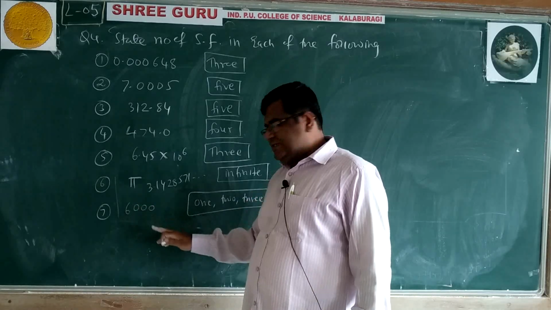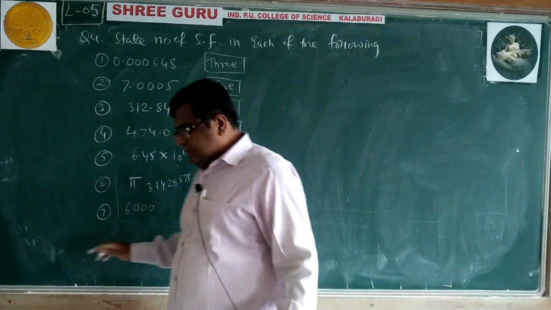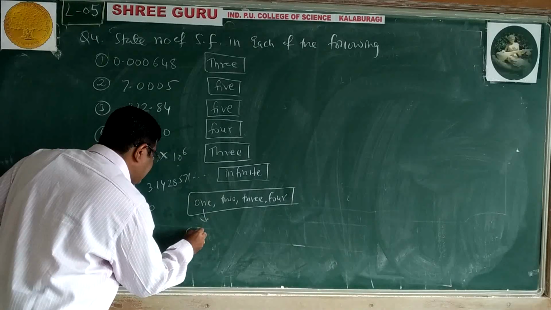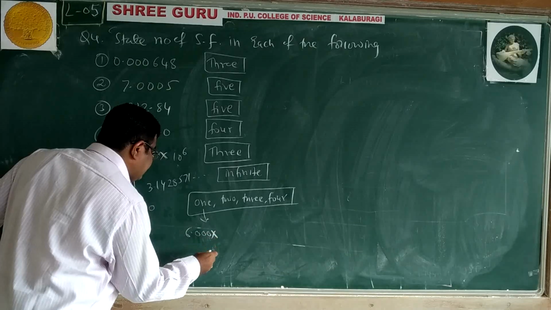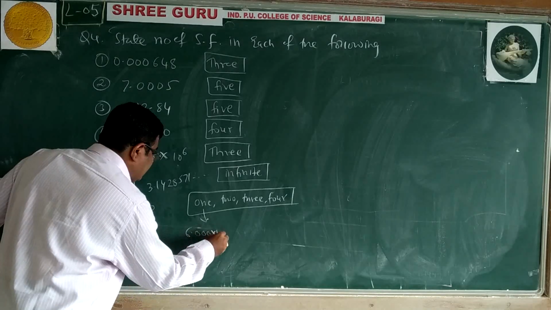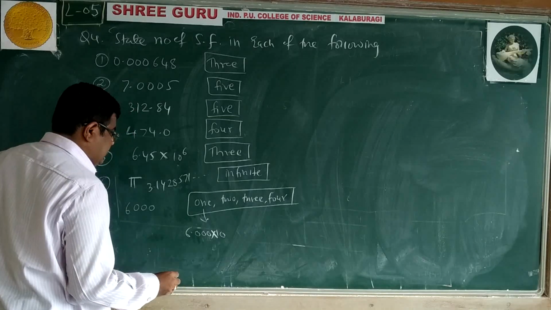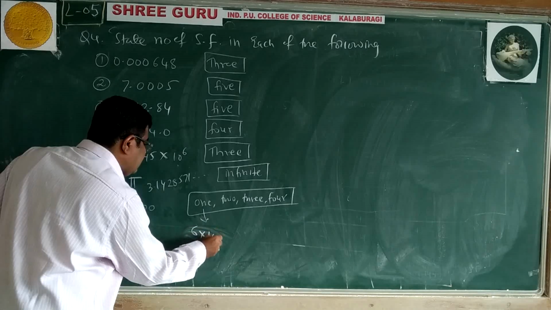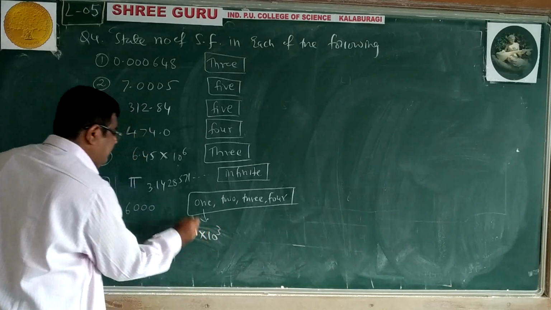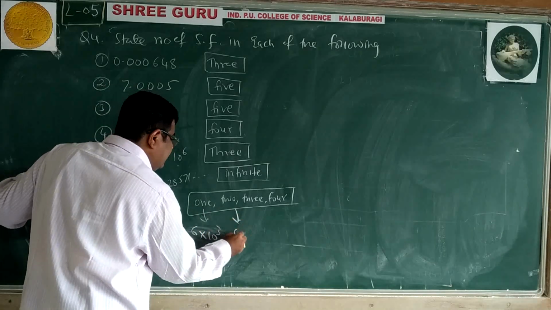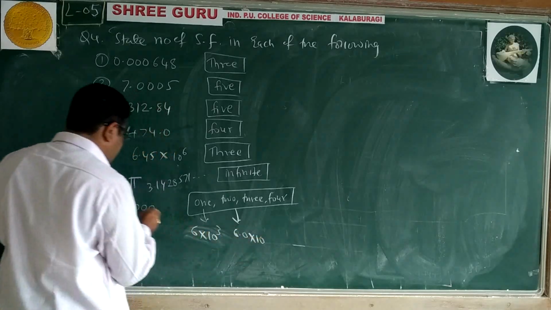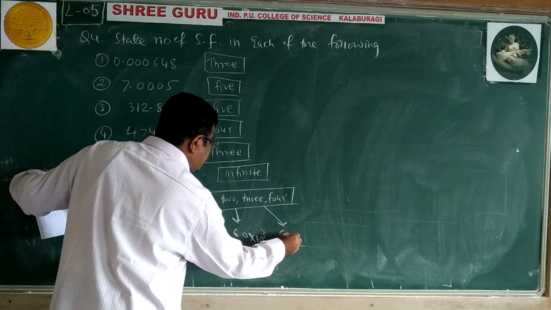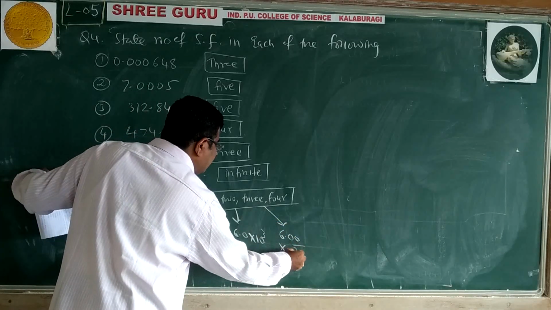If it is 6.000 into 10 raised to 3, it is 4.